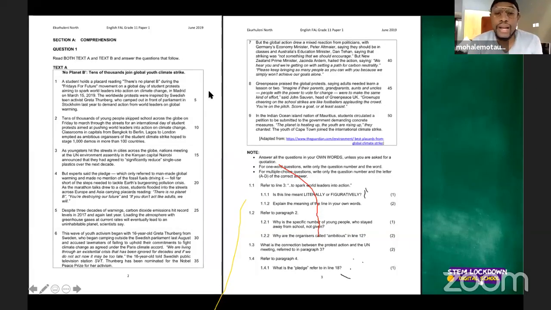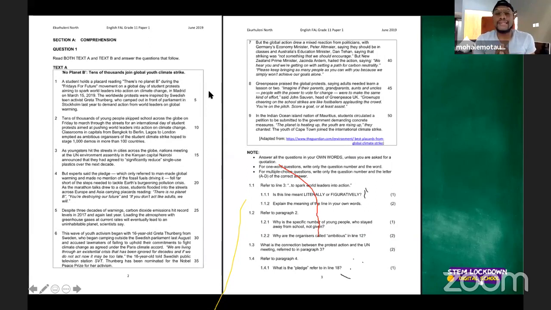Referring to line 3, we are now on question 1.1.1. Refer to line 3: "to spark world leaders into action." Is this line meant literally or is it meant figuratively? The most important thing you must know is that to spark means to start a fire or to start something, and we can't really spark world leaders into action.